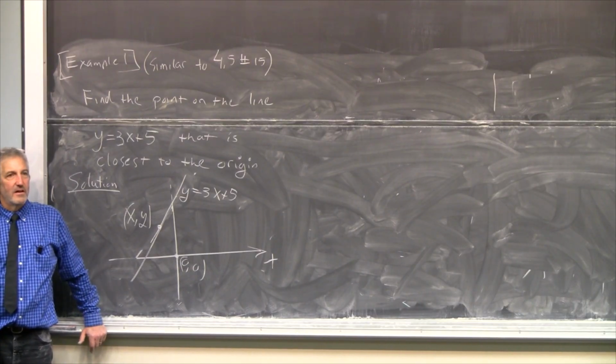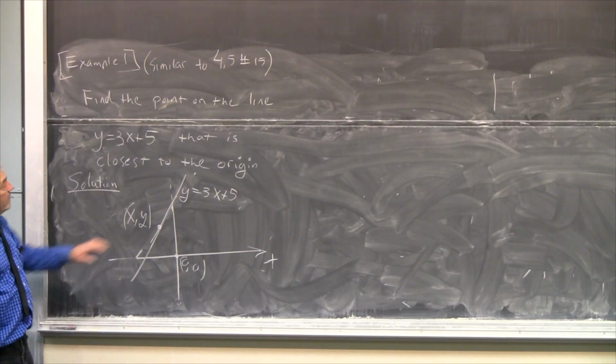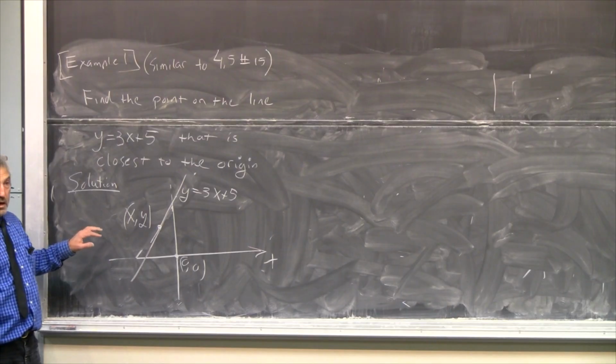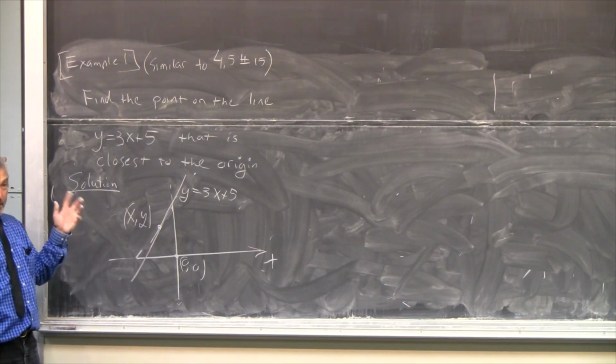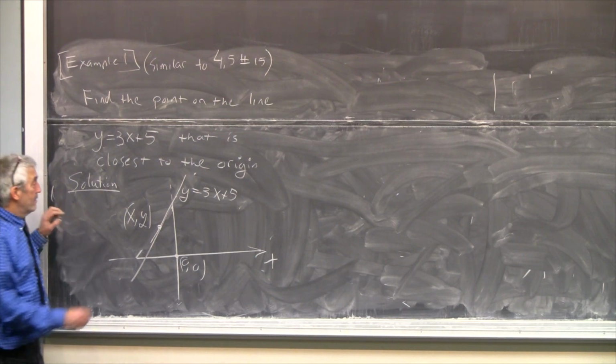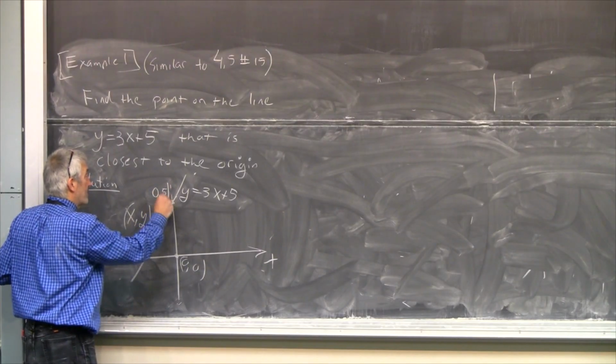Yeah? Say it again? Well, we could label the y-intercept, sure. What is it? You brought it up. Give it as an ordered pair. Yeah. Turns out it's not going to be important, but might as well label it because it's easy enough.